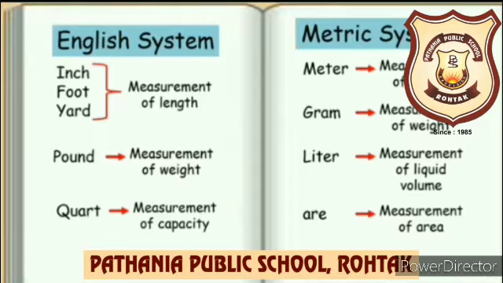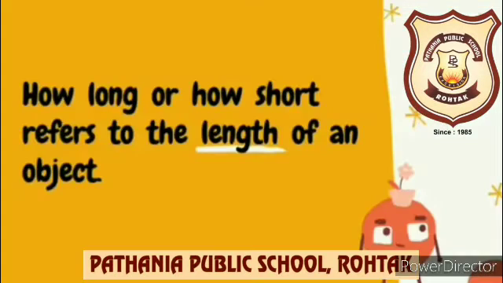But in the metric system, which is used worldwide, meter and centimeter are used for measuring length, gram and kilogram are used for measuring weight, and liter and milliliter are used for measuring liquid.